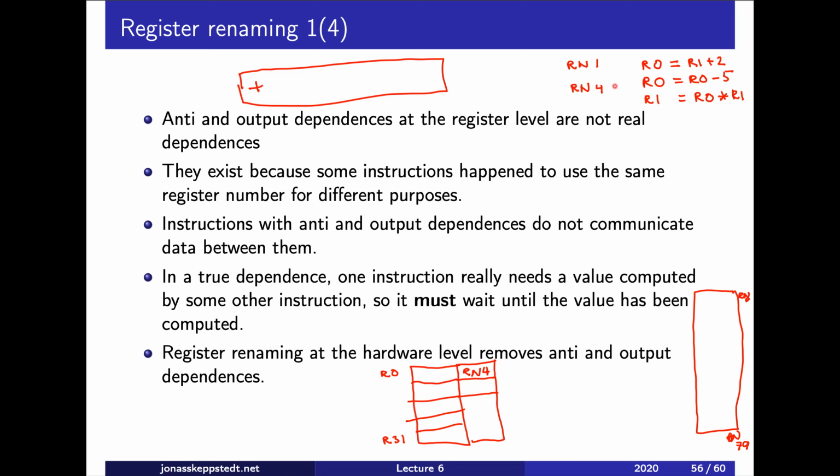It has to wait until this has a value. And also it should read register 1. Register 1 is available in the register file. It knows that since there is no rename register noted here. So it can fetch that operand, and then it should get a new unused rename register for this. So let's say it uses rename register 3, for instance. Now rename register 3 is noted here. I forgot to put this in the reorder buffer, and then the multiply.